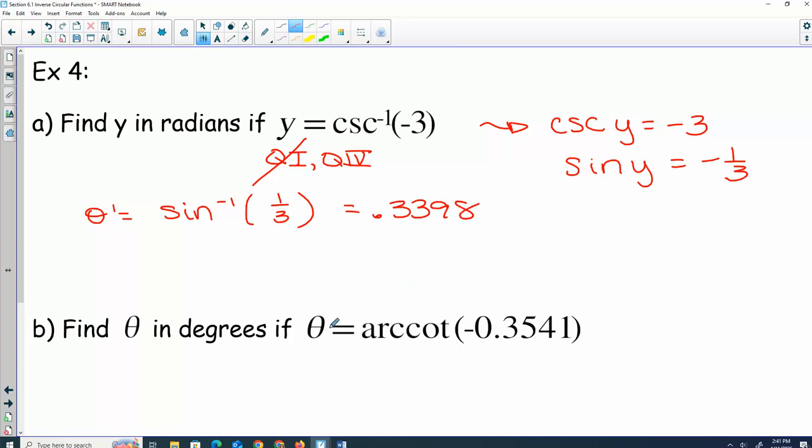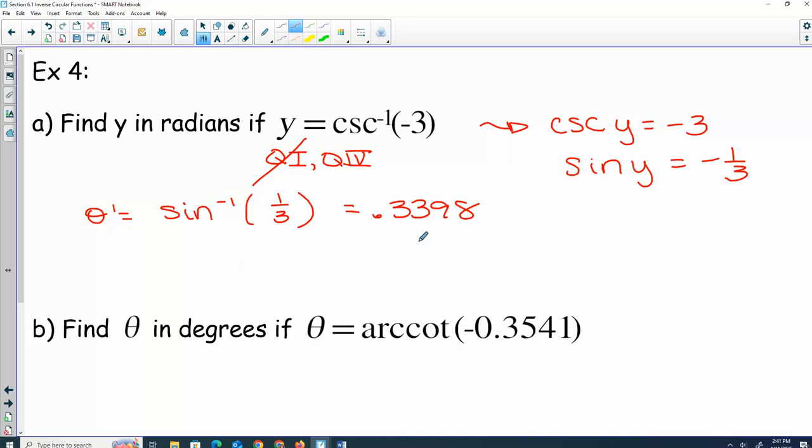I got 0.3398. Did everyone get that? That's what I was saying. I'm doing the reference angle, so I'm always doing the positive, so I don't have to worry about if it's giving me the right answer or not.